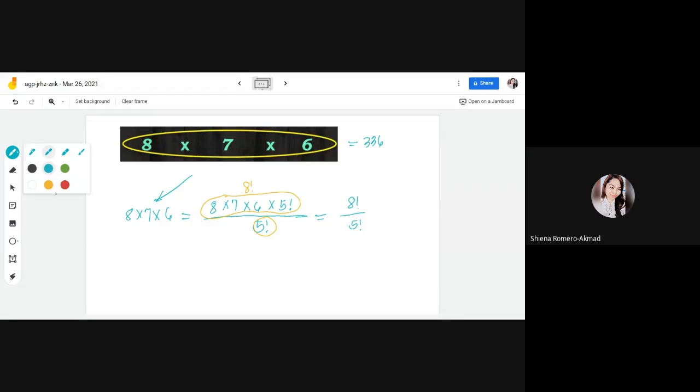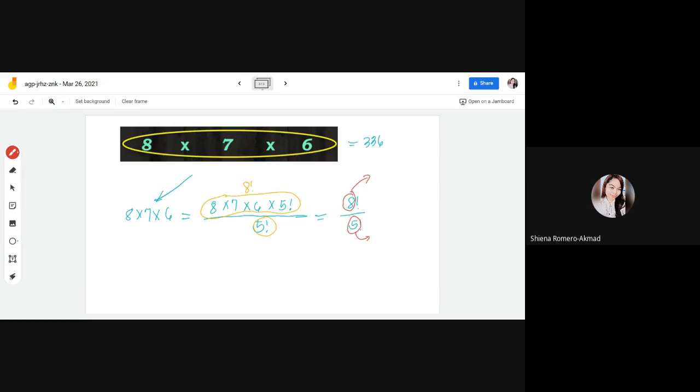Now, pertaining to the problem or the situation, what does 8 factorial or 8 mean in the problem? Ano ba yung 8 doon? At ano ba yung 5? Iyan natin, i-relate natin siya sa problem, sa situation na binigay kanina.